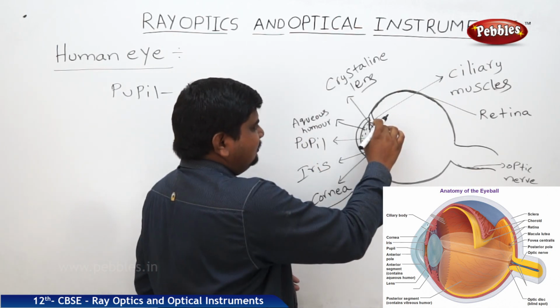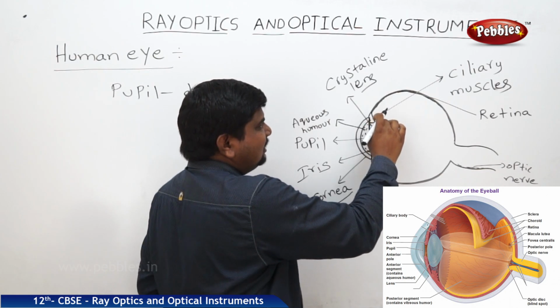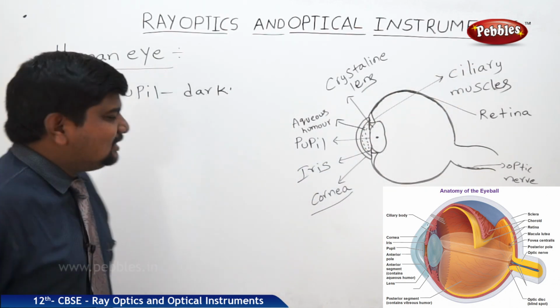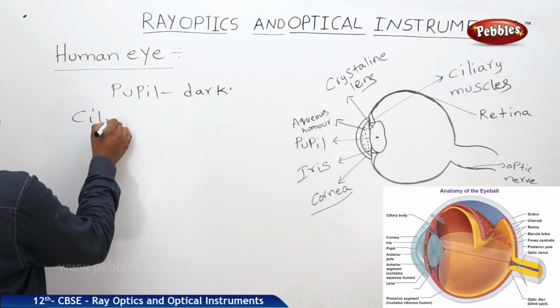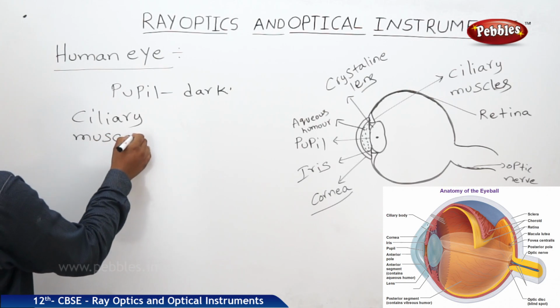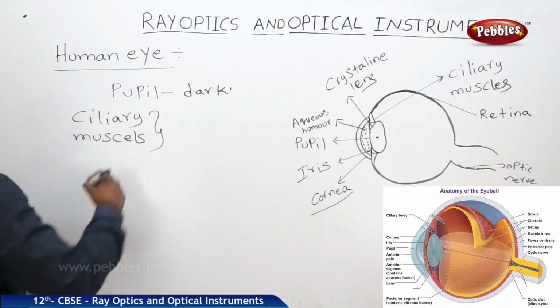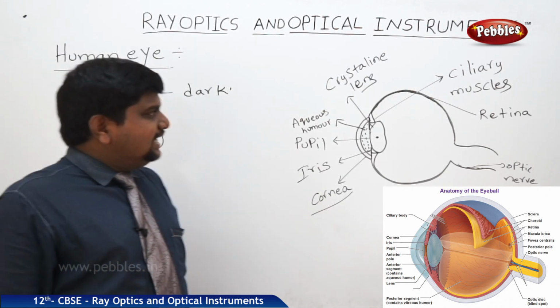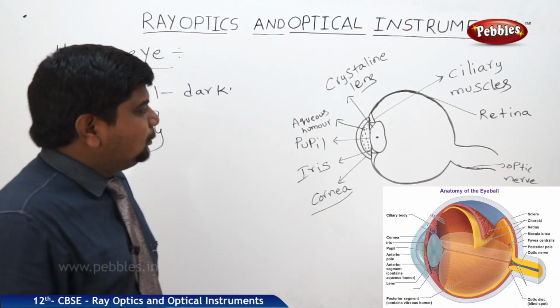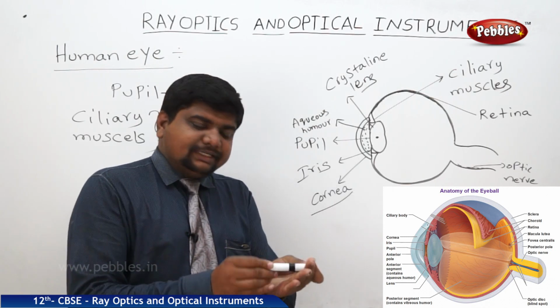Then this crystalline lens is connected to the ciliary muscles. So what are these ciliary muscles? These muscles give the power of accommodation. What is the meaning of power of accommodation? Suppose this is the object.